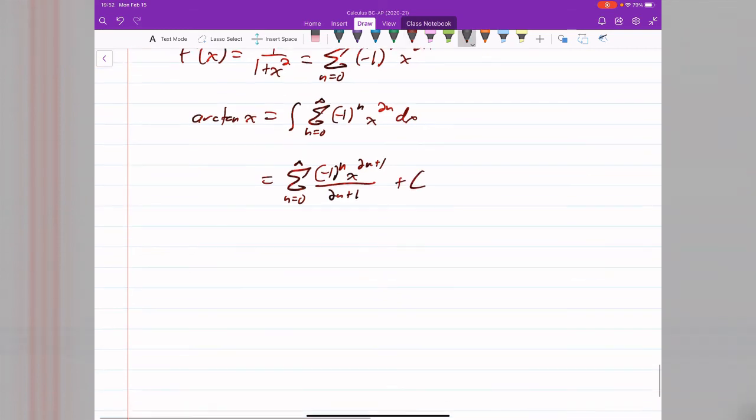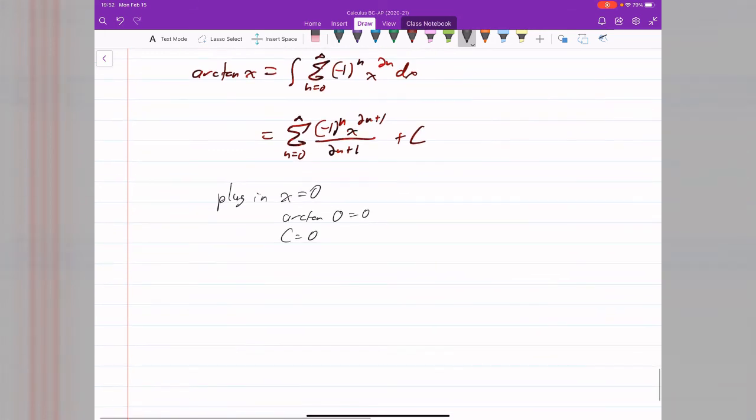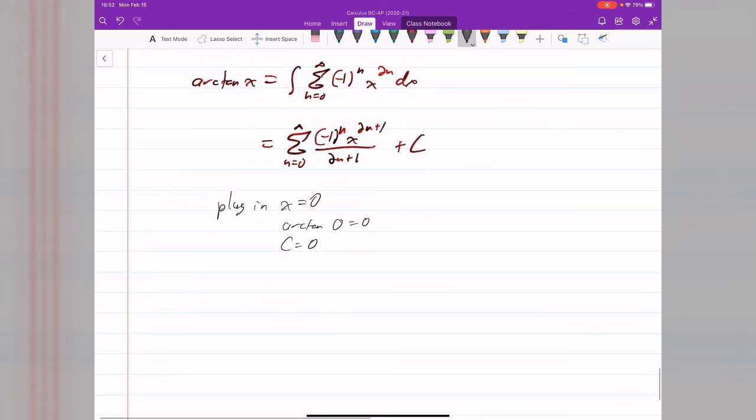To find what that constant is, we can plug in 0 for x. I know that the arctangent of 0 is 0. So if I plug in 0 to both sides, c has to be equal to 0. So that means that this goes away, and I know that my series is -1 to the n, x to the 2n plus 1 over 2n plus 1.